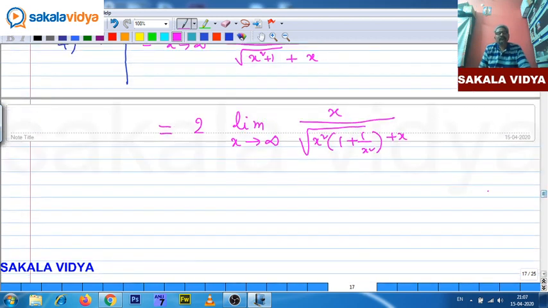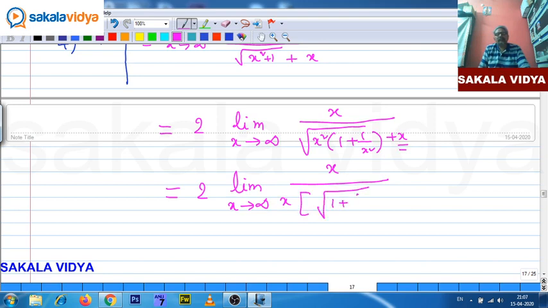Next, here root of x square is x, so x we can take out common. If you take x common, this will be root of 1 plus 1 by x square plus 1. Now x gets cancelled, 1 we have.